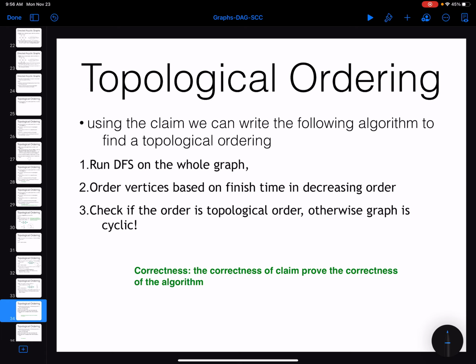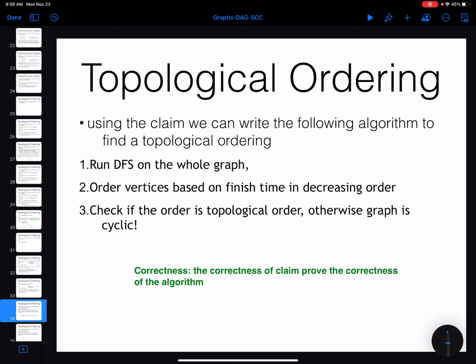After that, because we don't know if the graph is acyclic or not, but if you put the items in this order, this is going to be a valid topological ordering if the graph is acyclic. So the last part of this algorithm is that after you put the items in that order, you should check if the graph is really acyclic.